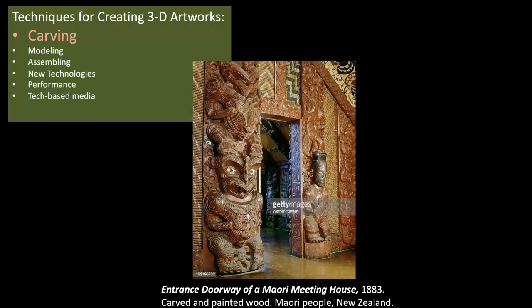In fact, often the Maori meeting houses have a lot of reference to family, to the lineage of the family tree, to the power of the ancestors. And in fact, we'll talk in our unit on ritualistic spaces about the symbolic meaning of the architecture itself and how important it is to the Maori people. But just as a start to the concept of carving, this is one example of carving.